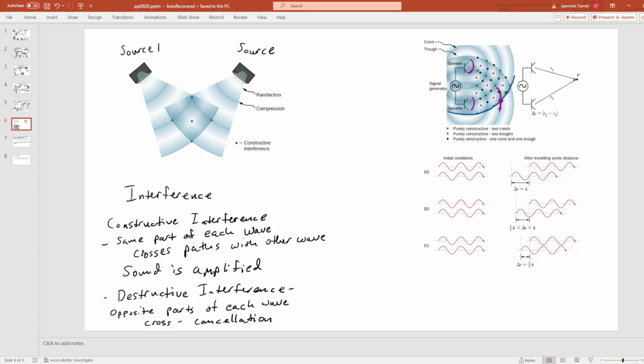But notice that these two paths that each sound wave took to get to this point right here, it'll have gone a longer distance from the first speaker than it will the second speaker, okay? So we're going to label this R1, and we'll label this R2, okay?